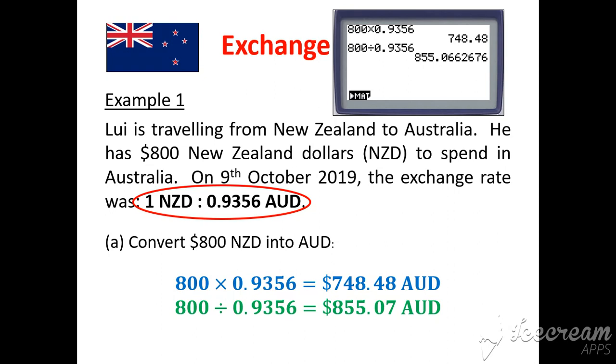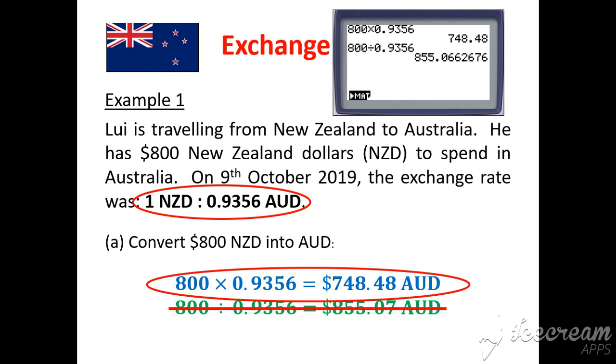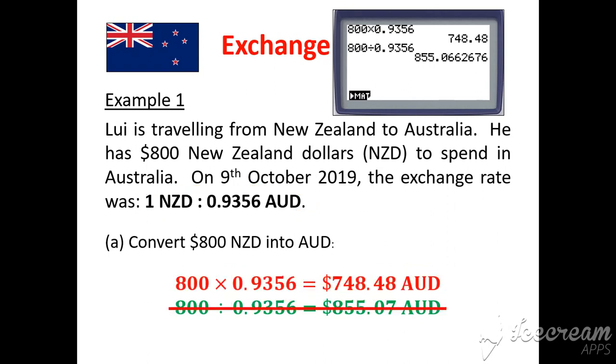So if I have a dollar in New Zealand, I have less Australian money. So therefore, this must be my correct answer, because if I have 800 New Zealand dollars, I have slightly less Australian money. So we get rid of the second answer, and we can say that $800 is equivalent to $748.48 in Australian money.